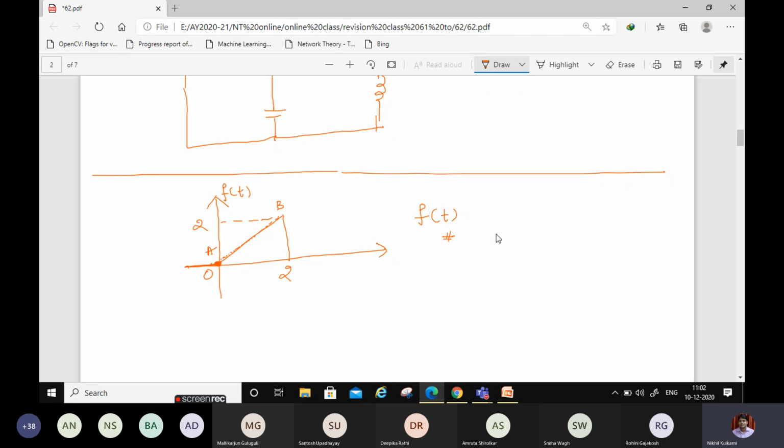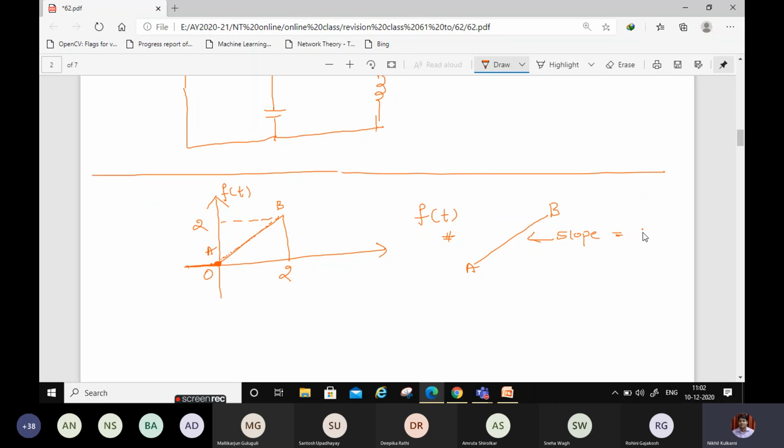So step number 1 is you get the slope of this. How much will be the slope now, A to B? It is 1.